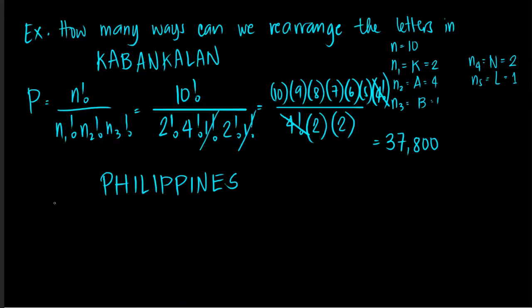Another one, Philippines. So, ang n natin dire, number of elements, 1, 2, 3, 4, 5, 6, 7, 8, 9, 10, 11. May 11 kita ka elements. So, I have 3 letter P's. H, isa.